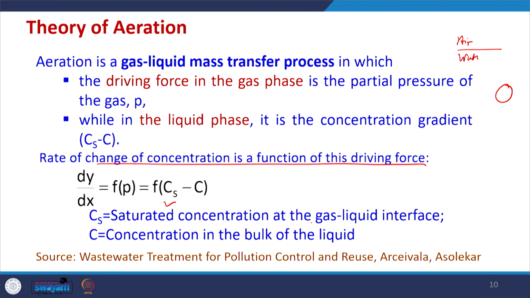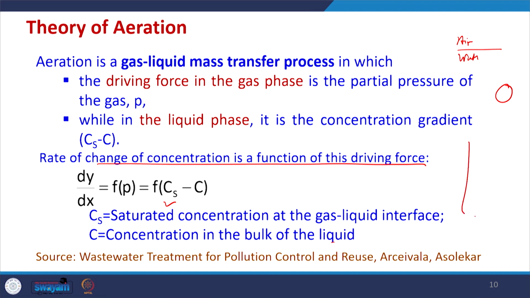So, aeration depends upon the concentration gradient. The rate of change of concentration is a function of this driving force, the saturated concentration at the gas liquid interface and the concentration in the bulk of the liquid.